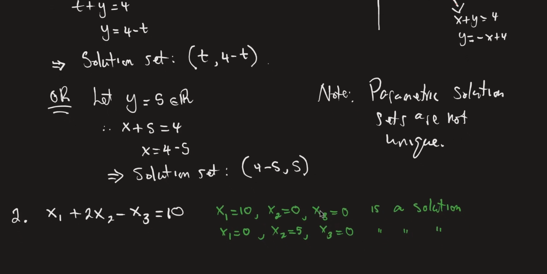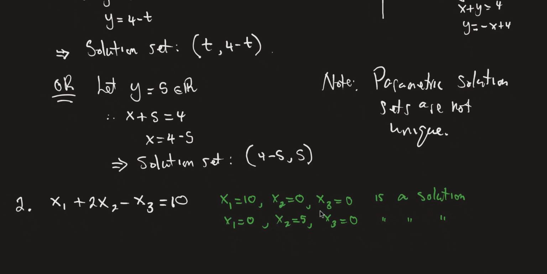And then to get that third easy solution that I promised, I am going to assign x1 a value of 0, x2 a value of 0, and then I'm going to make x3 negative 10. Because if I put a negative 10 in this position, then that negative sign makes it a positive 10, and the 0s here mean that the left-hand side simplifies to 10. So that's also a solution, right?